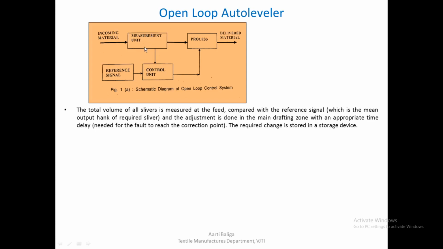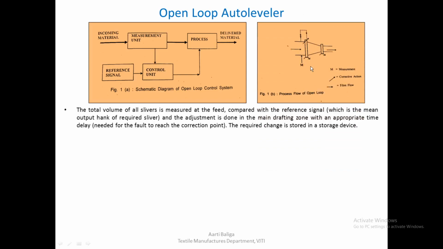Because measurement has happened here, and by the time the material comes to the process, some time has gone by, and therefore we need to give some kind of delay for that faulty material to actually reach the front drafting zone, and once it reaches, it is corrected. The required change is stored in the storage device till the time that the material actually reaches the regulating point.